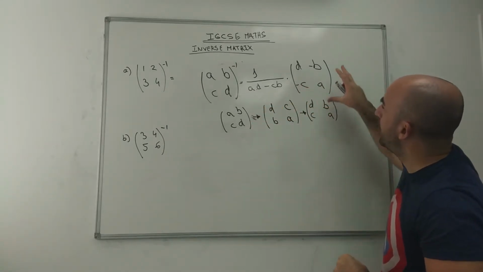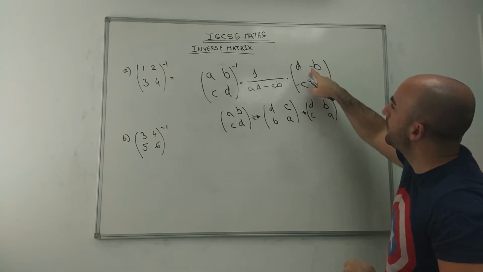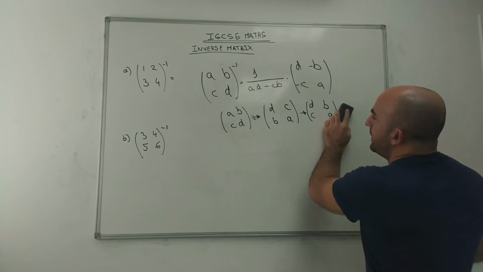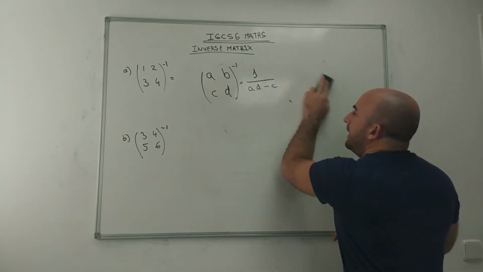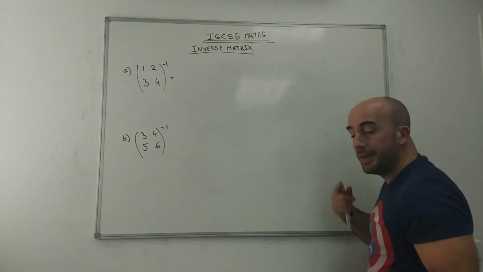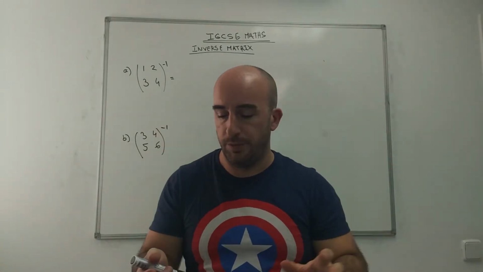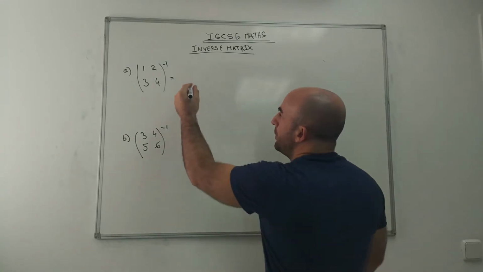What I get here, I copy it here, and in the final step, the 4th step, I change the sign. For me, it's easier to learn this method than to learn a formula, because in the exam, I might not remember the formula. So, I'm going to use the process here.